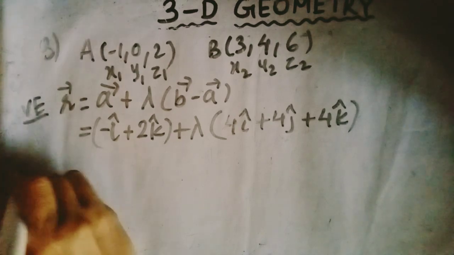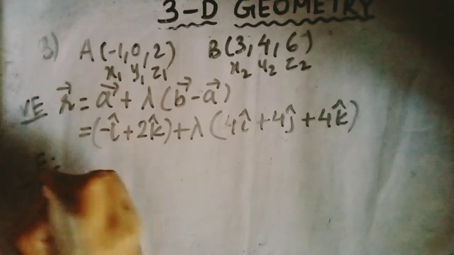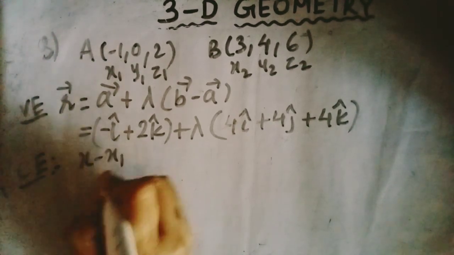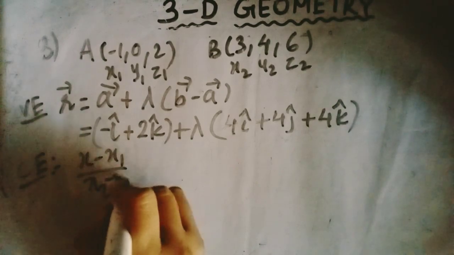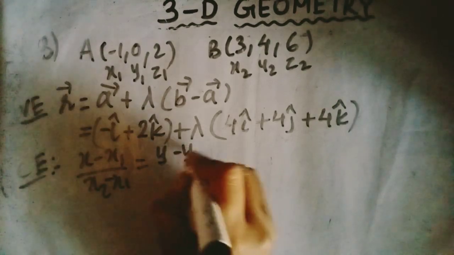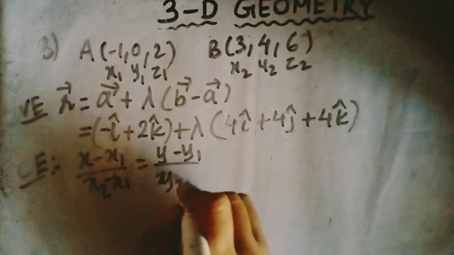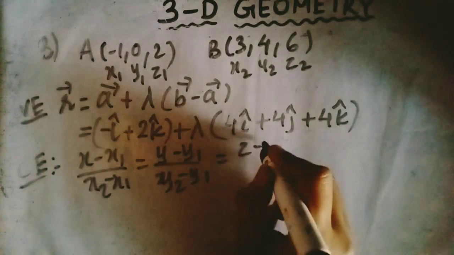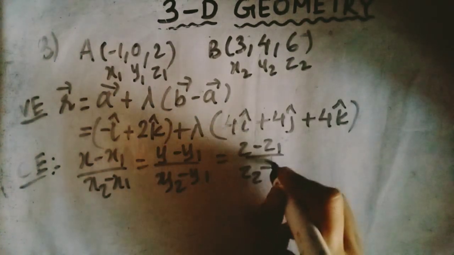Then go for the Cartesian equation. (x minus x1) upon (x2 minus x1), (y minus y1) upon (y2 minus y1), (z minus z1) upon (z2 minus z1).